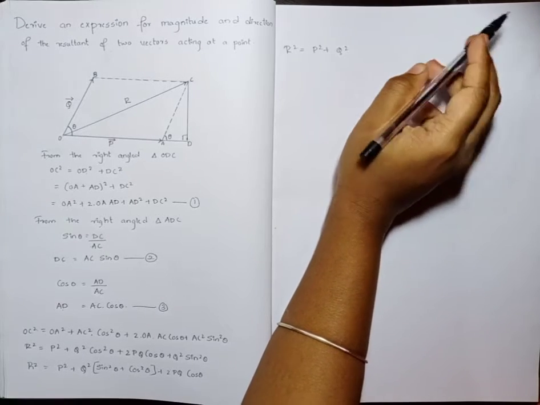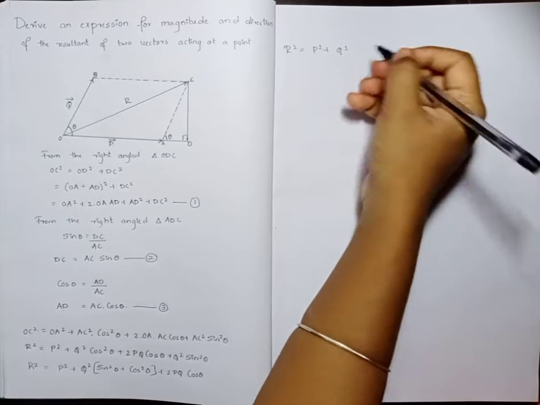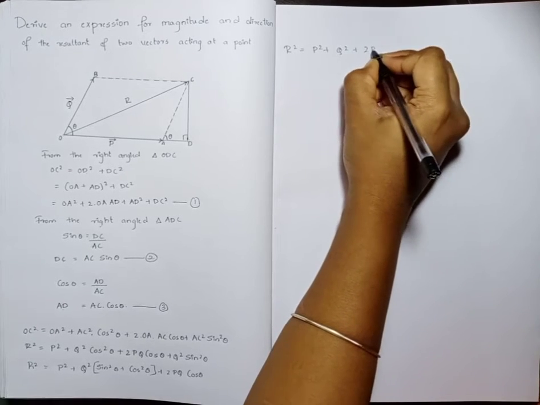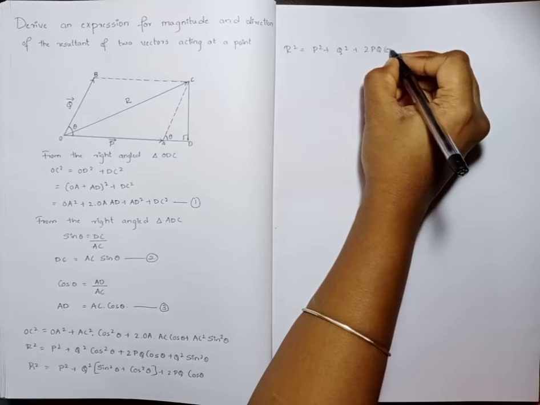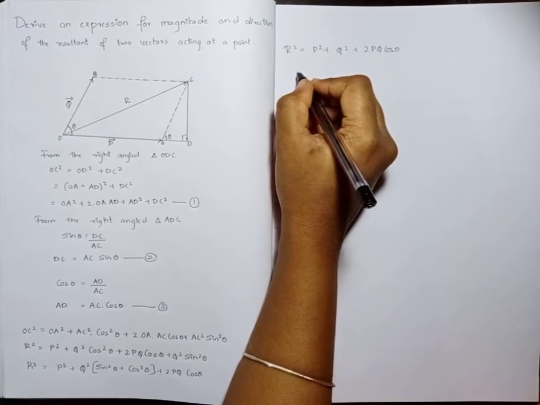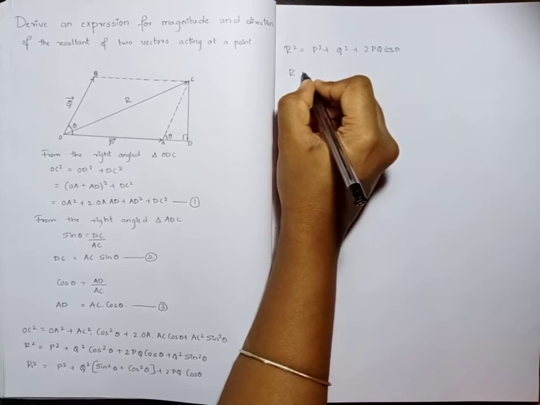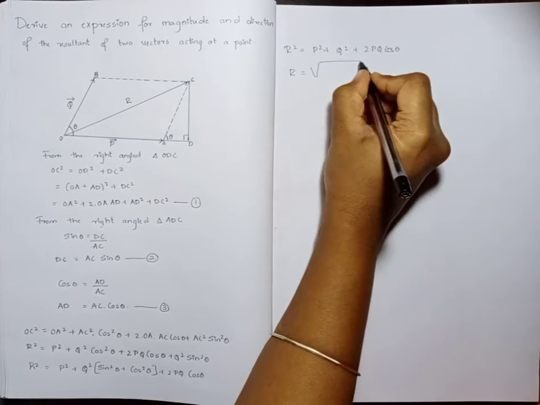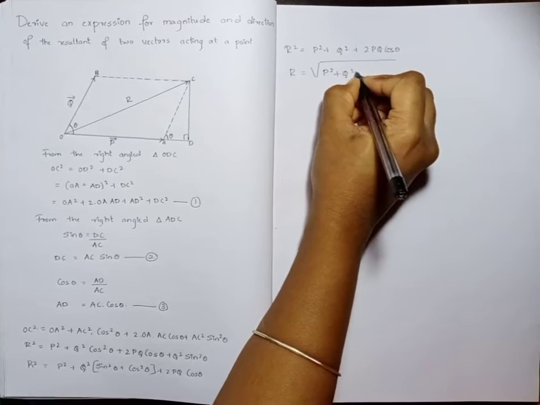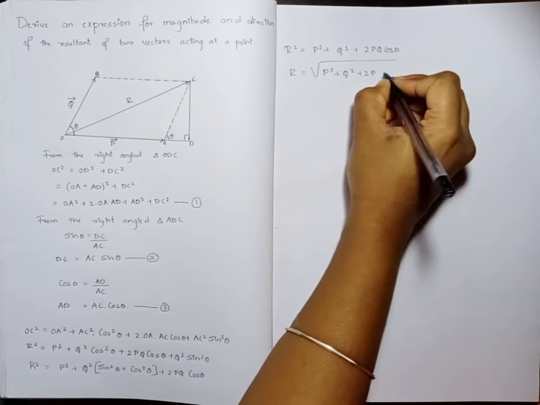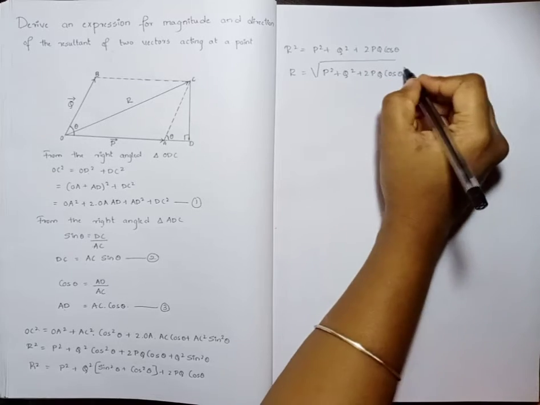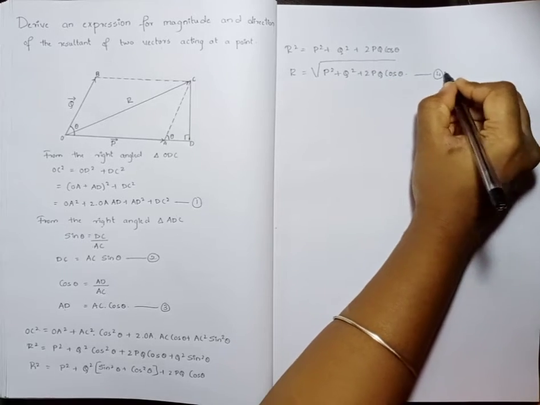What is sin square theta plus cos square theta? Which is 1. So plus 2PQ cos theta. So R is equal to square root of P square plus Q square plus 2PQ cos theta. So this is equation 4.